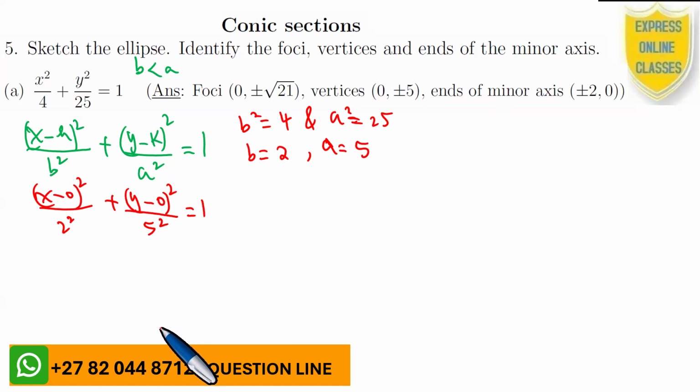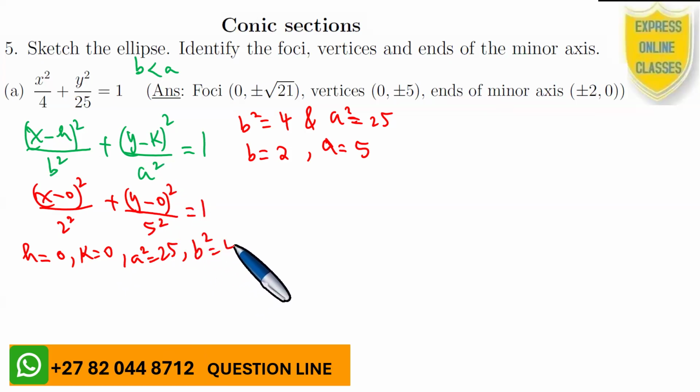Okay, so now at this point we can see that h is 0, k is 0, a squared is 25, the biggest one, b squared is 4, the smallest one.